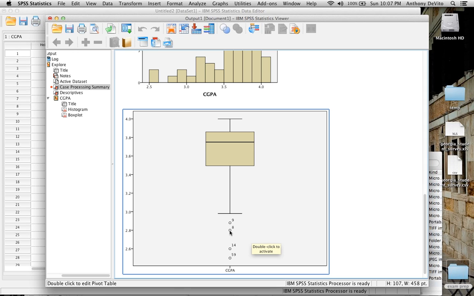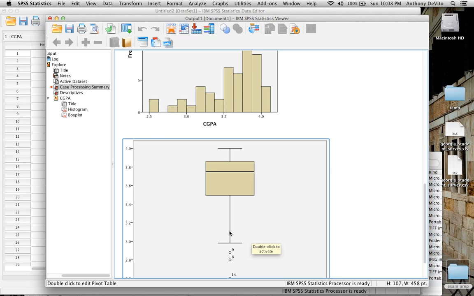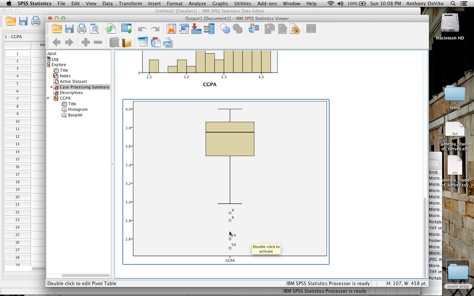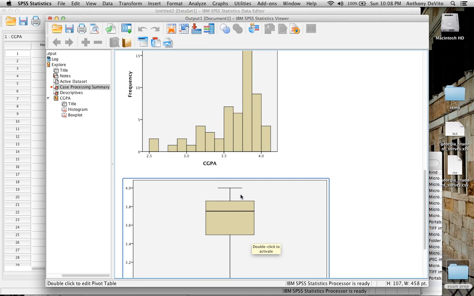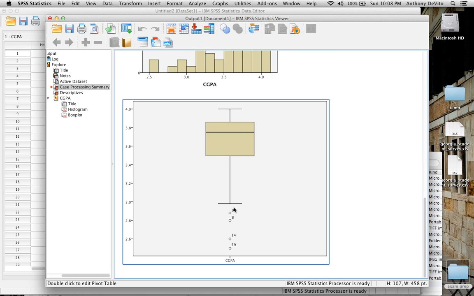That's technical outliers. SPSS does basically a calculation: if a value is more than one and a half times the interquartile range above the 75th percentile, it starts to consider it an outlier. Or you can change that if you want in SPSS, but for our purposes, these numbers are a bit extreme compared to the bulk of the other data. We can just look at it this way. But you can see this is kind of skewed to the left.